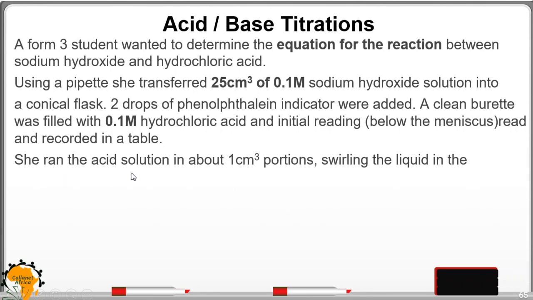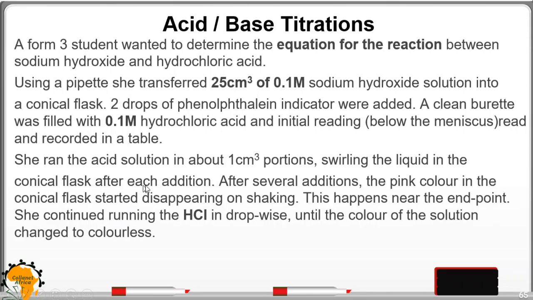She ran the acid solution in about 1 cm³ portions, swirling the liquid in the conical flask after each addition. After several additions, the pink color in the conical flask started disappearing on shaking.